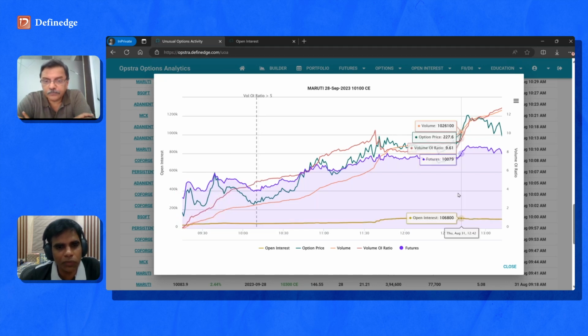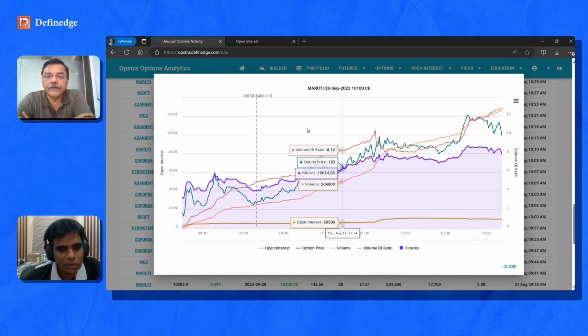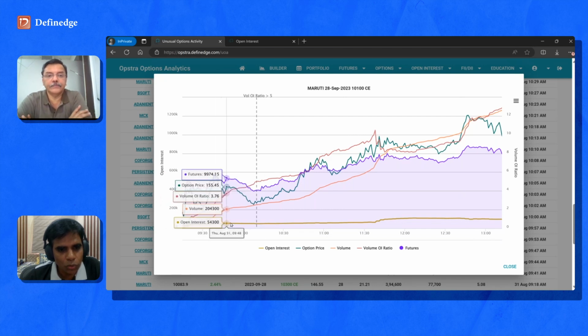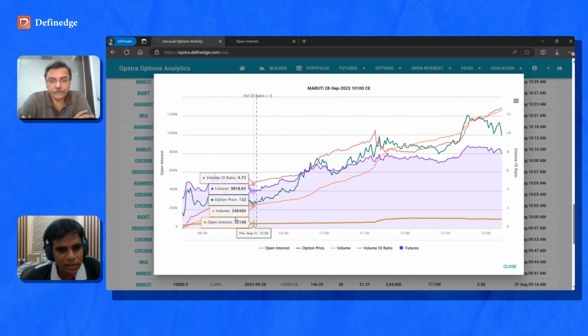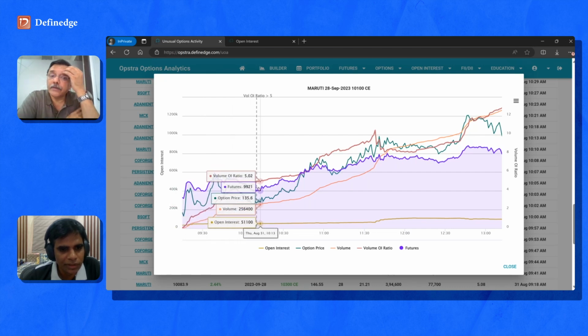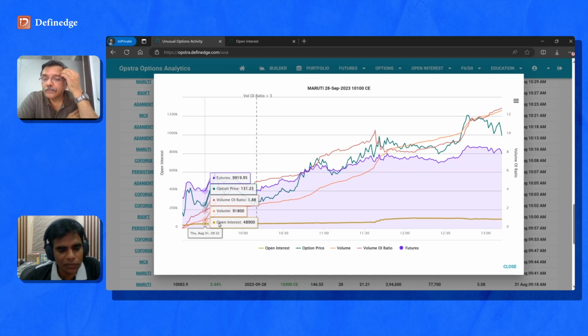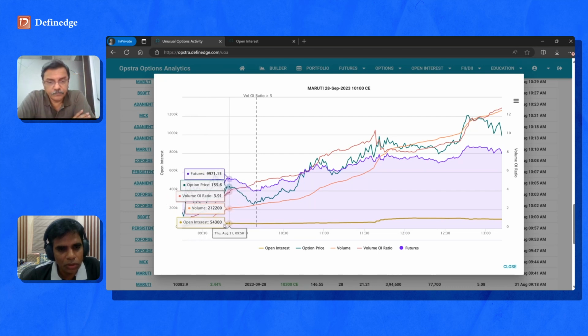I want to look at what has happened. Here the open interest has slightly increased, but the volume has increased much higher. There was some kind of tussle here, but overall they were able to increase the open interest.